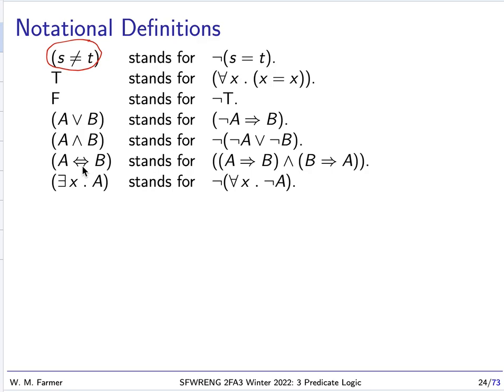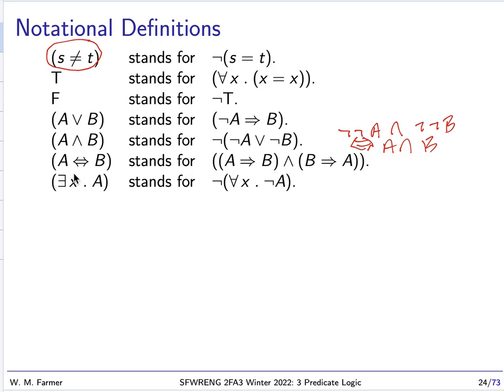and biconditional, this is called biconditional or logical equivalence. Or is going to be, we have to define it using not and implies. It's going to be not A implies B, and 'and' is going to be not the disjunction of not A and not B. If you remember De Morgan's laws, if we push in the negation into this disjunction, we get not A, and then we flip this, and not B, which is equivalent to A and B, is what we have here.